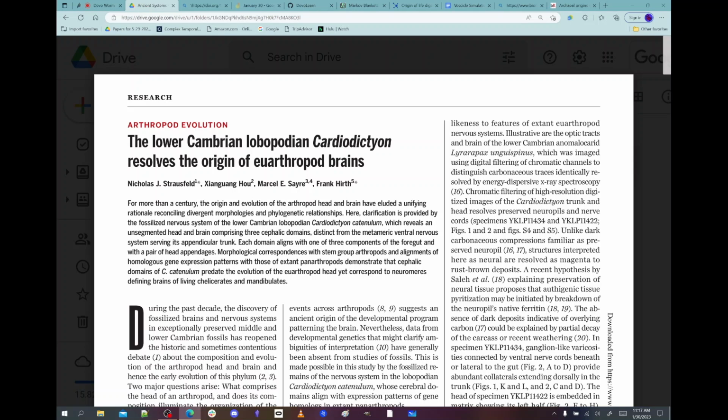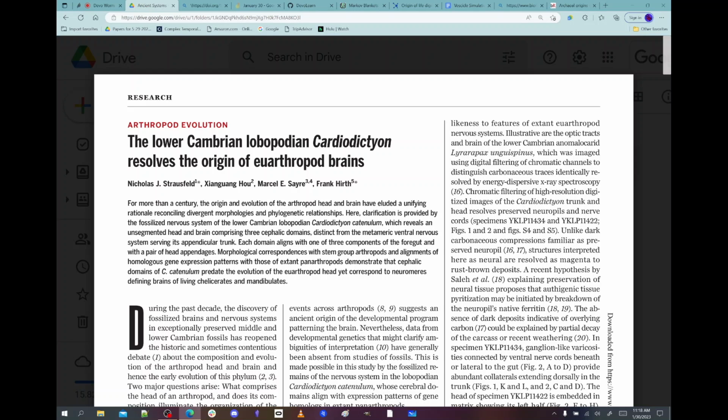Here, clarification is provided by the fossilized nervous system of the lower Cambrian lobopodian Cardiodictyon catenulum, which reveals an unsegmented head and brain, comprising three cephalic domains, distinct from their metameric ventral nervous system, serving its appendicular trunk. Each domain aligns with one of the three components of the foregut and with a pair of head appendages.